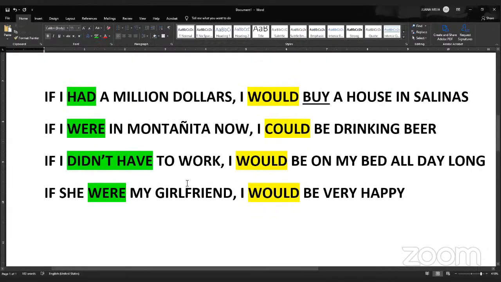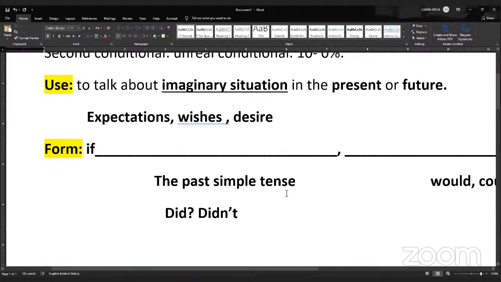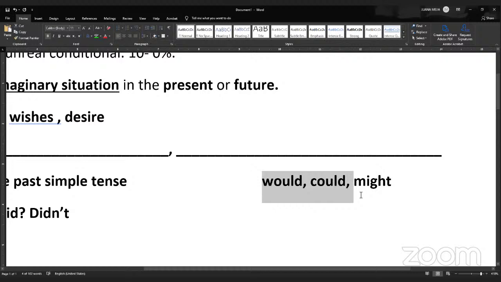Well, so these are the structure, or is the structure basically, of the second conditional. Remember, past simple tense and the three modals, would, could, and might. Let me stop this. Give you a minute.